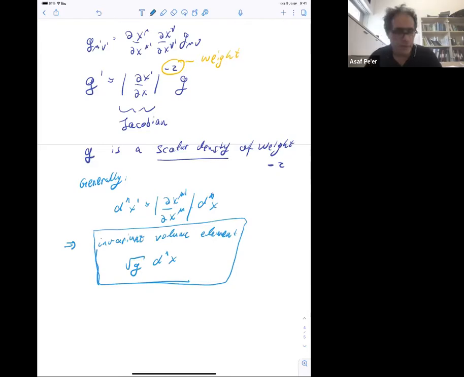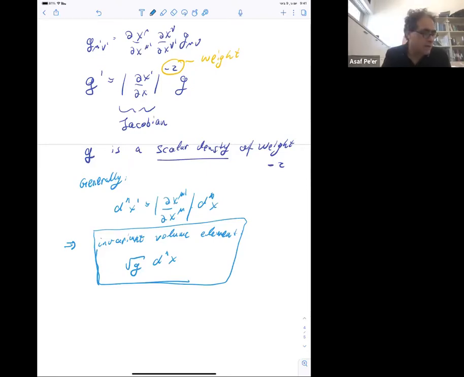Again, we gave you a simple example of specifying flat space-time using spherical coordinates. The spherical coordinates would be the r, the theta, the phi. But of course, an invariant volume element is not just dr d theta d phi, but r squared sine theta dr d theta d phi, which follows directly from this.